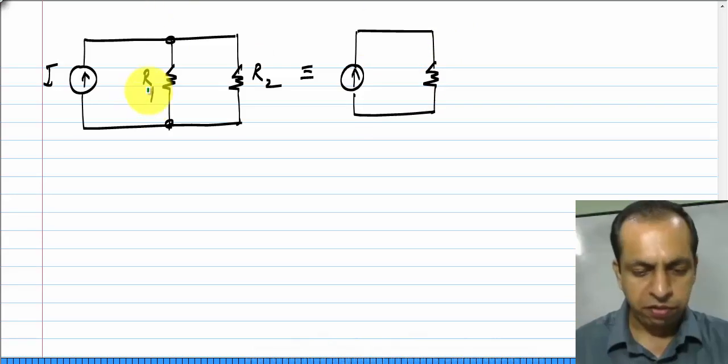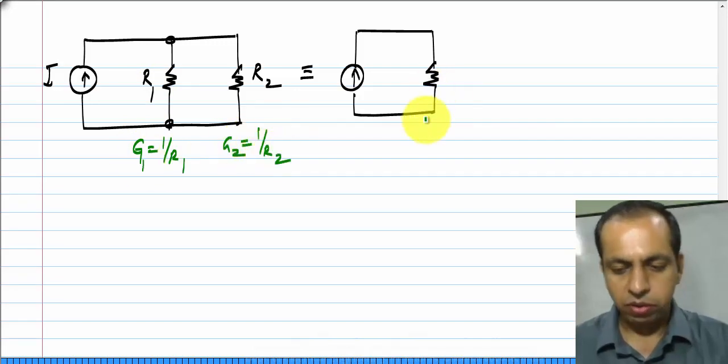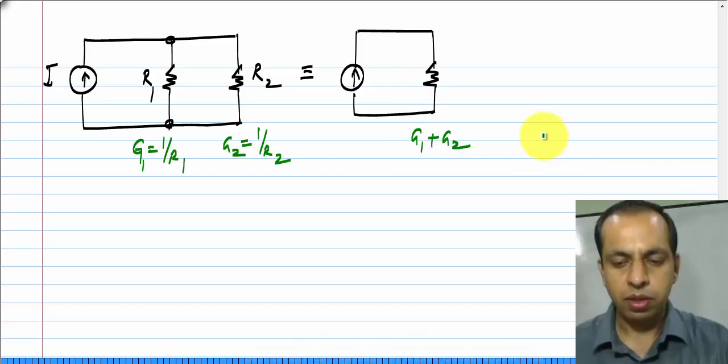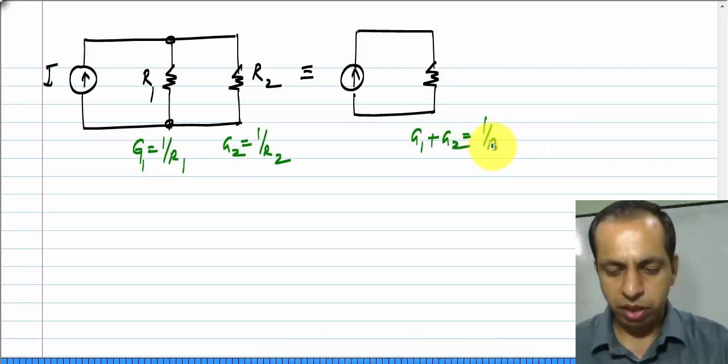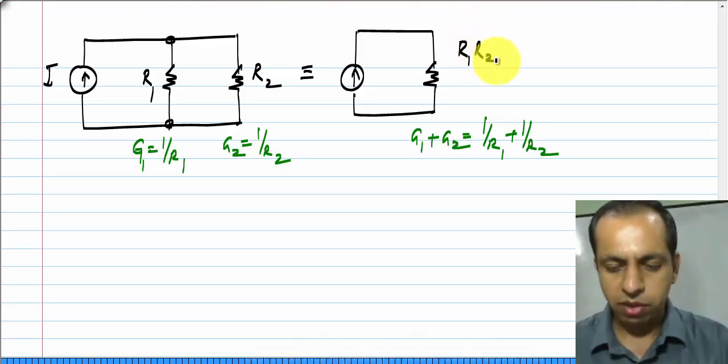Now, if we refer to each of these by their conductances G1, which is 1 by R1, and G2, which is 1 by R2, we know that the conductance of this combination is G1 plus G2, which is 1 by R1 plus 1 by R2. So, the resistance of the combination we also know the formula is R1 R2 by R1 plus R2.